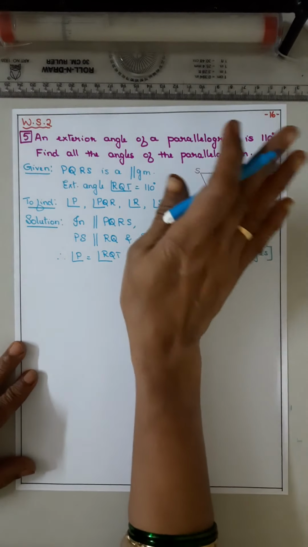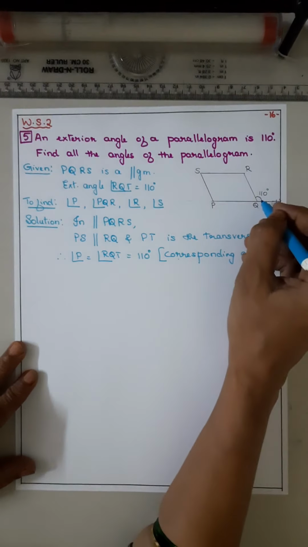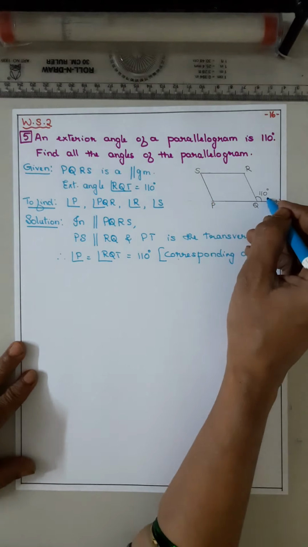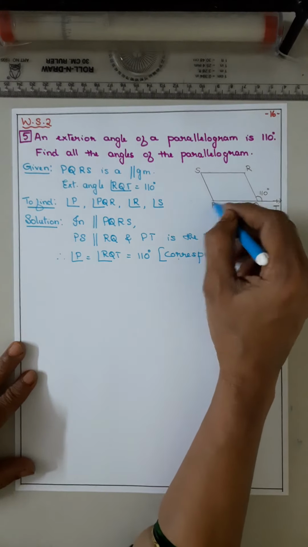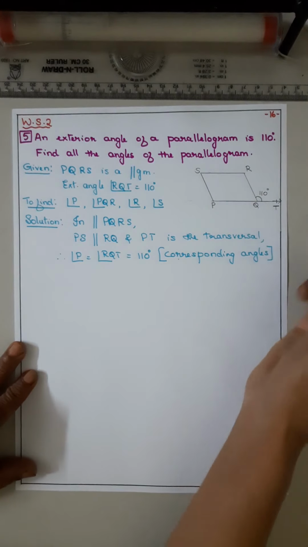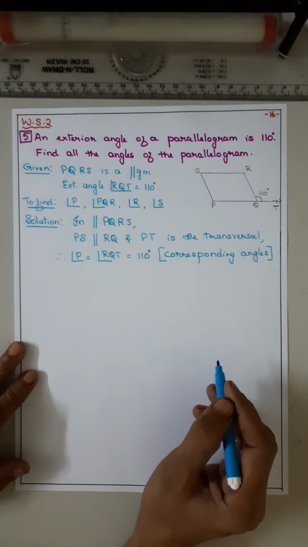On the same side of the transversal, above the parallel lines, the angles are said to be corresponding angles, isn't it? So angle P is equal to angle RQT. Now you got angle P.